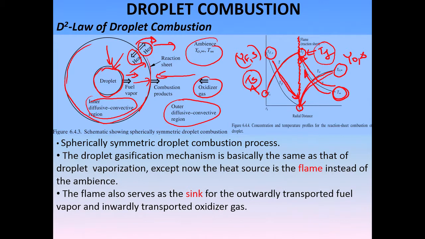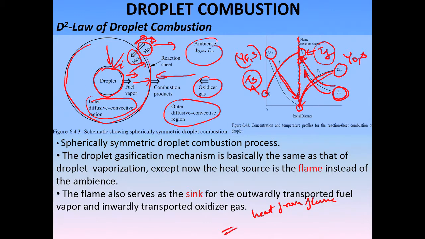So, now you can see where this heat goes. Part of this heat goes towards heating the oxidizer, part of the heat goes towards heating the fuel and evaporating it, right. So, the heat from the flame serves a variety of purposes.